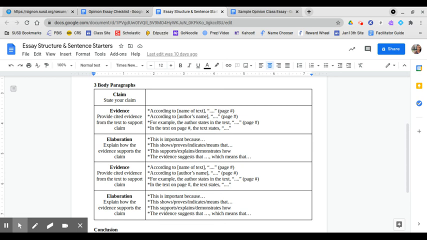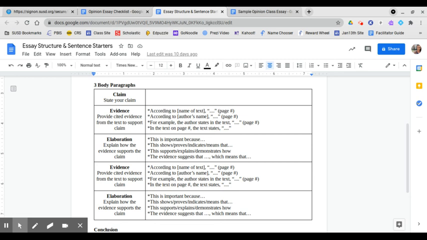Okay? Following the evidence from the text, we always then go on to our explanations, or as the rubric discusses them, elaborations, which basically, again, just explain how our evidence supports the claim. And in this case, for opinion, our reasoning. So this is important because this shows that, this proves that, this indicates that, this means that, this supports how, this explains how, this demonstrates how.